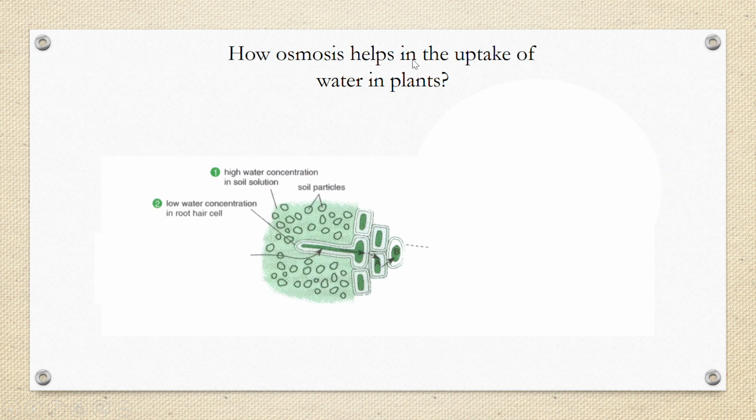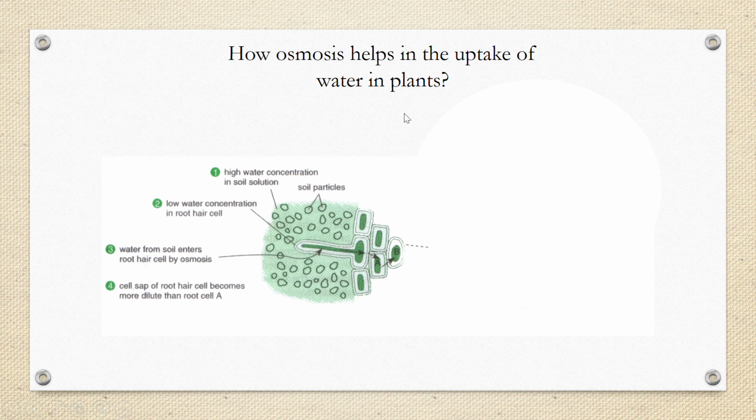So how does osmosis help in the uptake of water in plants? This we are going to discuss further in the subsequent subtopic. But you can also figure out now, this is the root hair cells of the roots.